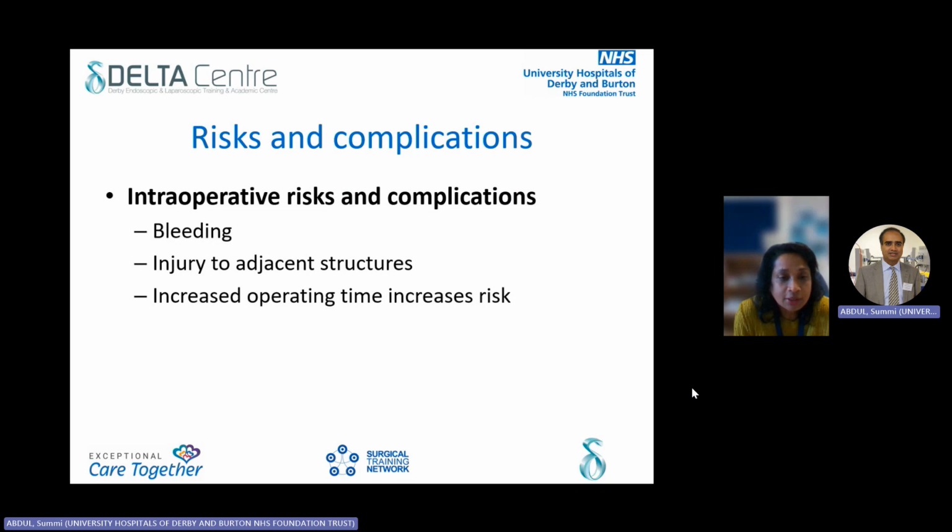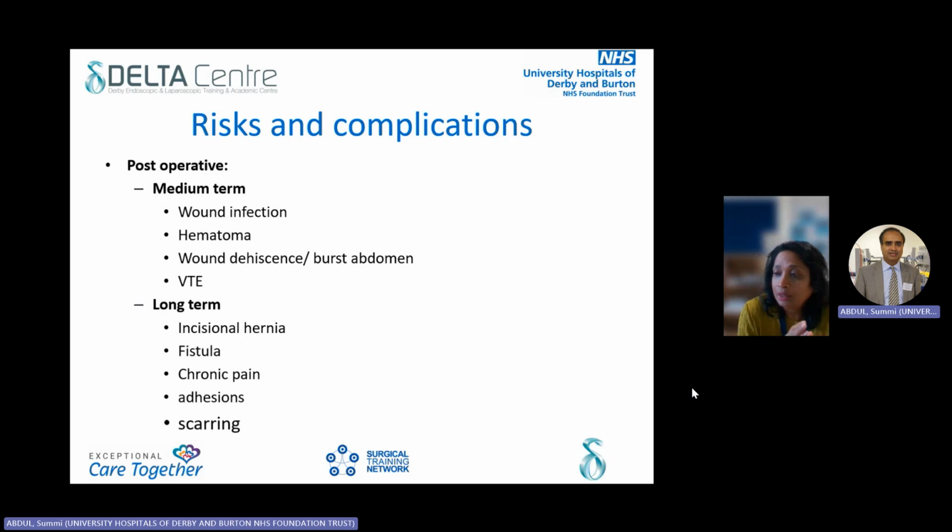For example, if somebody has had more than one cesarean section, then the risk of bladder injury becomes more relevant. And when you have these complications, then you increase operating time. When operating time is increased, then the other complications can have a knock-on effect. So, for example, increased operating time increases the risk of a VTE post-surgery.